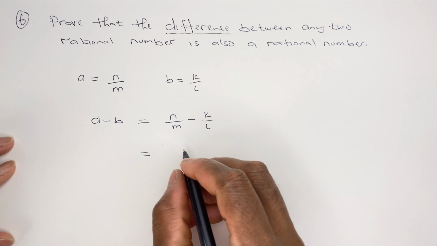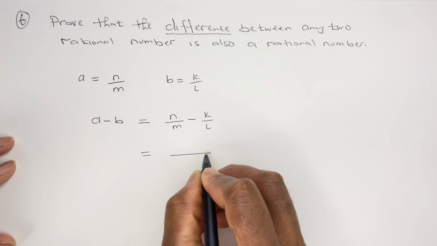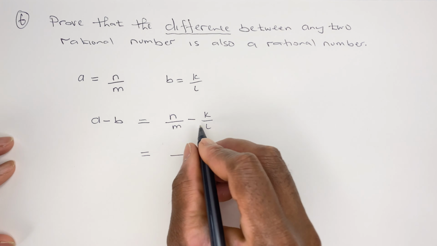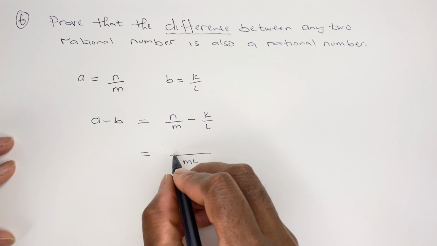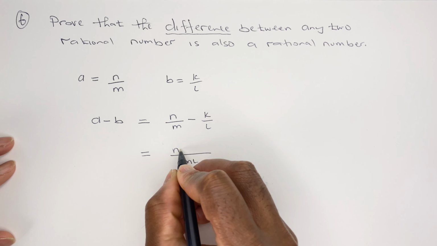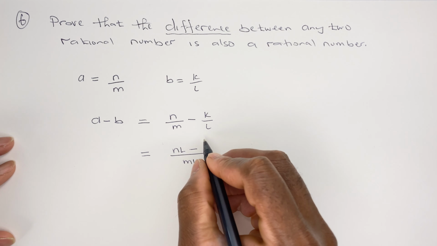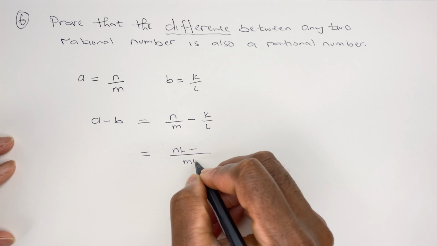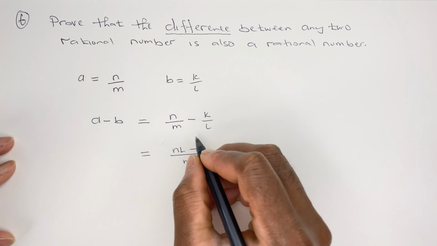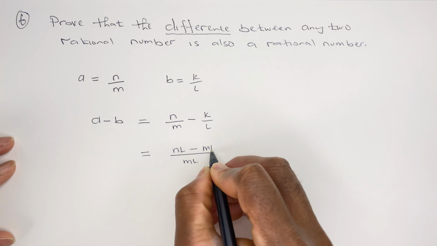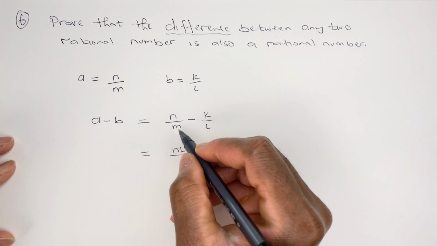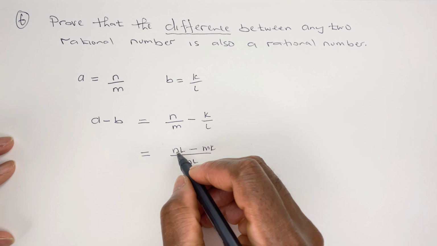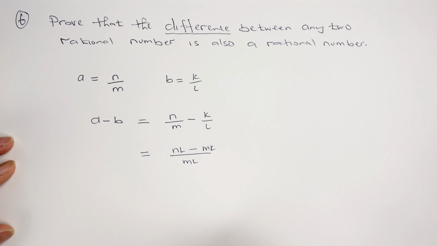The common denominator should be ml, so it's a multiple of the two. And therefore, I would have nl minus, well, how many L in ml? That's m. m times k will be mk. How many m in ml is going to be L? L times n is nl. And that's how I got those.